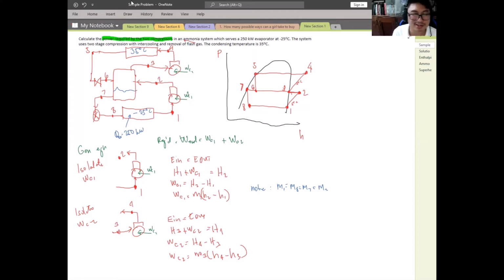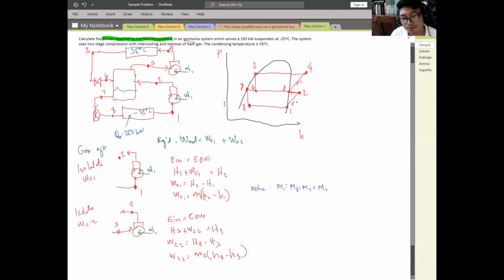So, pressure. Kumpletuhin muna natin to, no? Pressure. So, check natin yung mga pressures natin. Meron po tayong temperature, so makukuha po natin si pressure, yung saturated pressure nila. Okay?